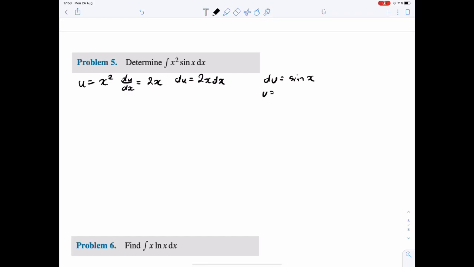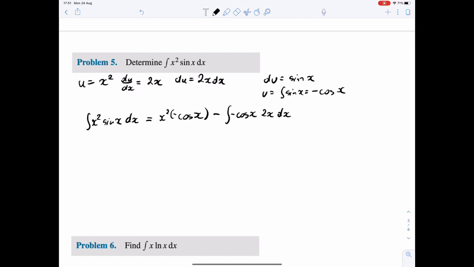From here v equals the integral of sine x, which is equal to minus cos x. So now I can do the substitution. So the integral of x squared sine x dx is equal to uv, so x squared multiplied by minus cos x, minus the integral of v du, so that's minus the integral of minus cos x times 2x dx.